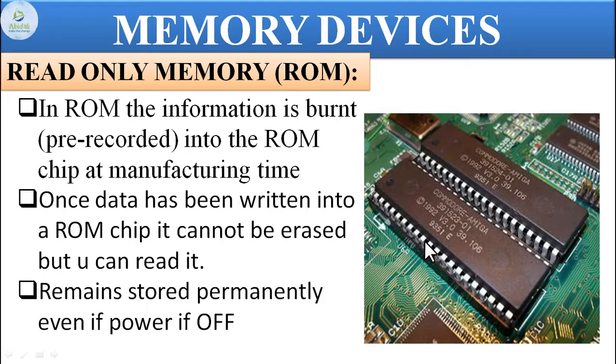When the ROM is built in manufacturing, the instructions or the software codes are written beforehand, that is before soldering it. While manufacturing only, the information, software codes or instructions are burnt onto the ROM chip, that we consider as information pre-recorded.